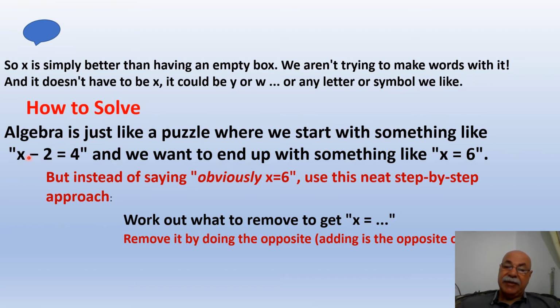In order to get this, you must change the position of -2, x and 4. You can play this game. Do that to both sides, not only one side. You play here and you play here in order to get the answer.